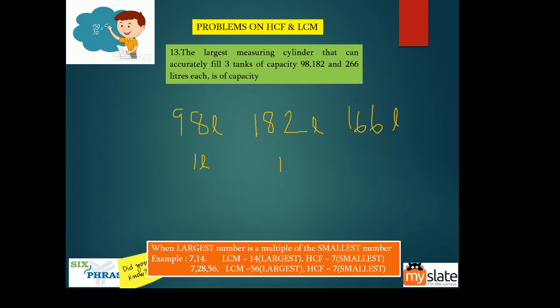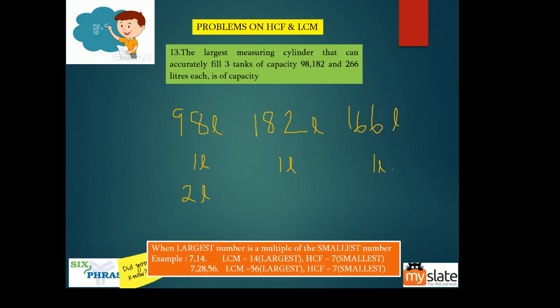If I use 1 liter cylinders, I'll need 98 cylinders, here 182 cylinders, 266 cylinders. If I use 2 liter cylinders, what will happen?